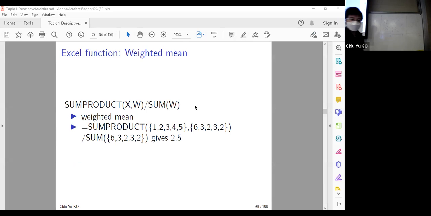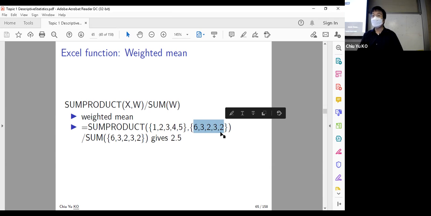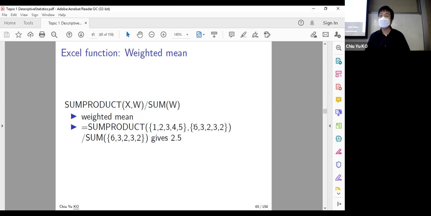What is the sum product function? You take, say, 1, 2, 3, 4, 5 as the first element, and 6, 5, 2, 6, 3, 2, 3, 2 as the second entry. Sum product means I multiply 1 by 6, the product, and you sum. You multiply 3 times 2, and you basically multiply one by one and add them all up.